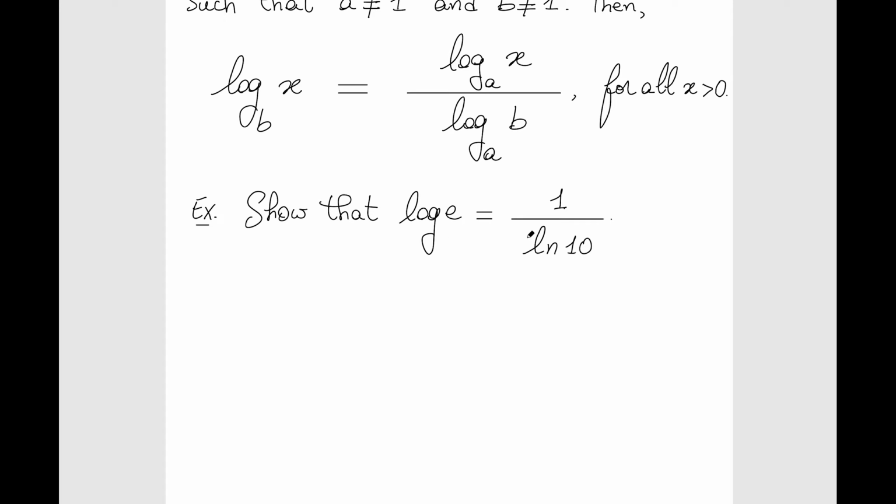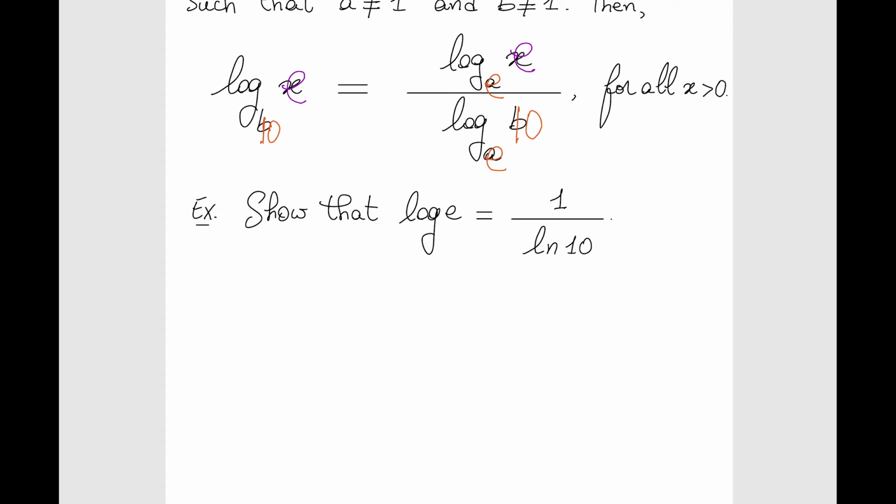So apparently b is 10 and a is e. So this would be e here and e here, correct? And b is 10, so this guy is 10. The question is, who's x? Well, x is this e. So this would be e then, and this is the same x, so this is the same e, right?